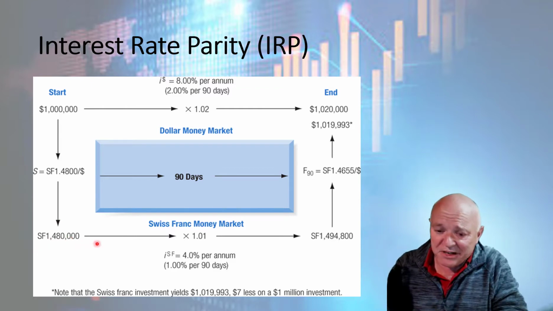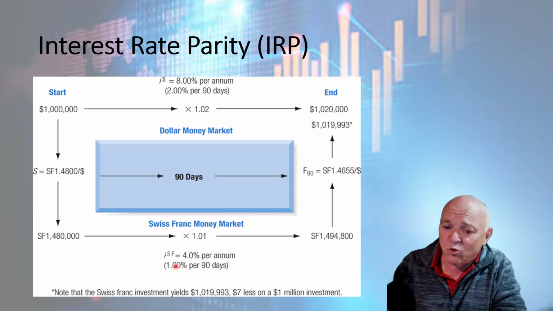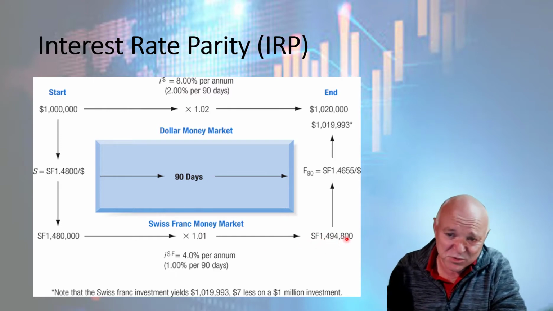You deposit that money into a Swiss money market instrument, earning, in this case, 4% per annum or 1% per quarter. So you're only earning 1% over the 90 days. That means at the end of 90 days, 1.480 million Swiss francs would be 1.4948 million Swiss francs. So that's how much money you'd have at the end.